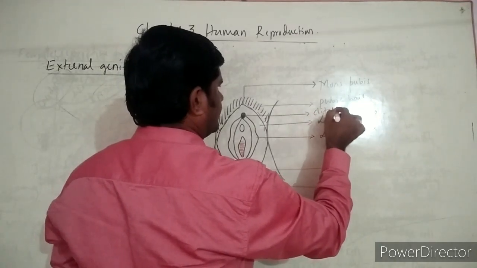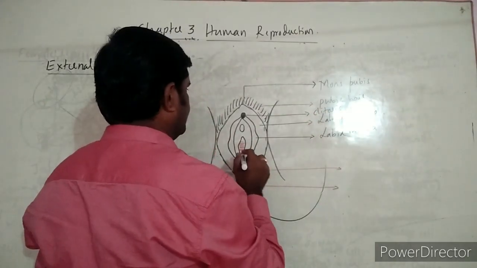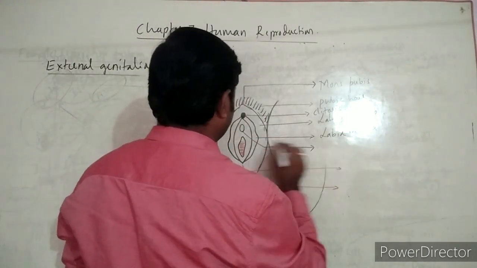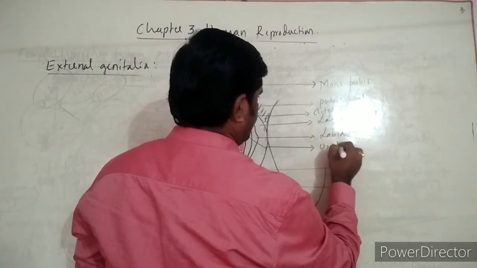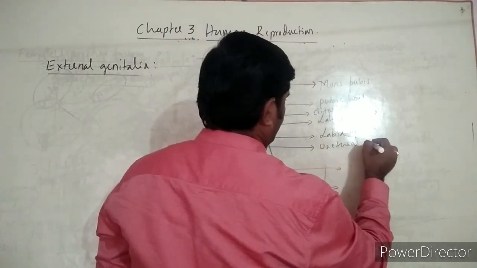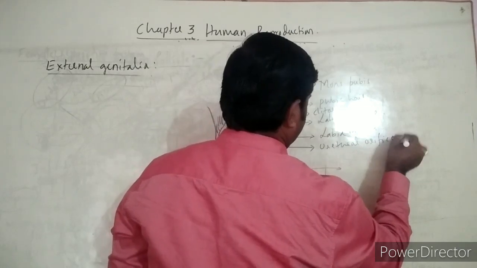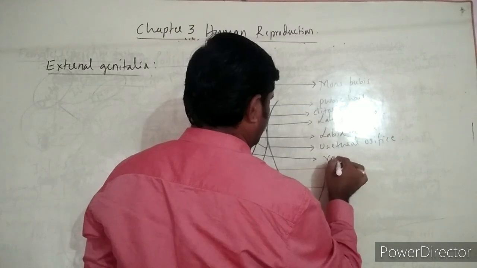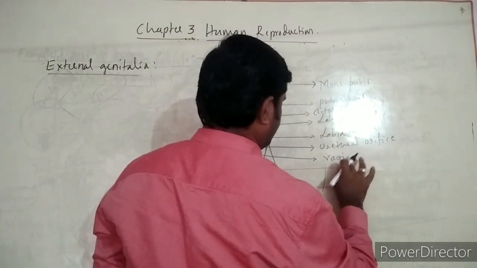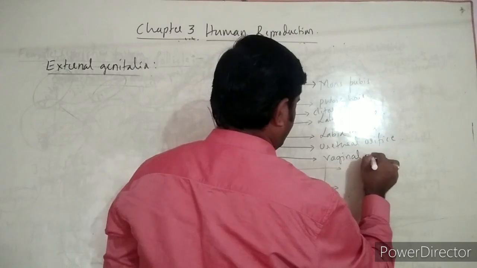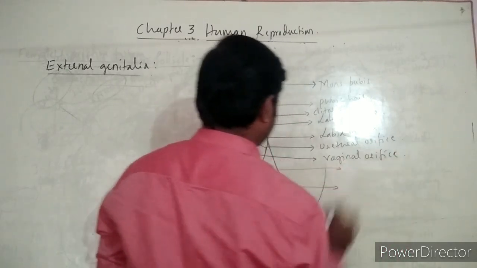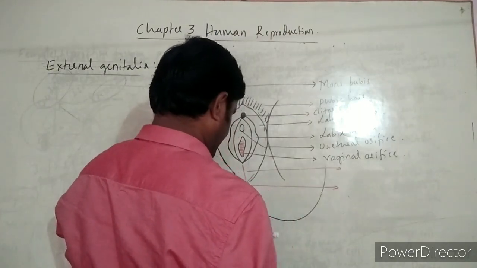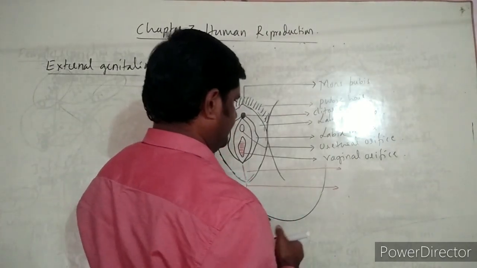the clitoris, and this one is known as urethral orifice, and this one is known as vaginal orifice, and this is the region what we call as the fourchette.